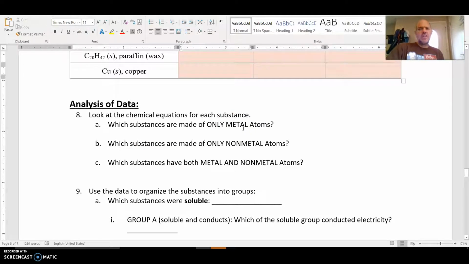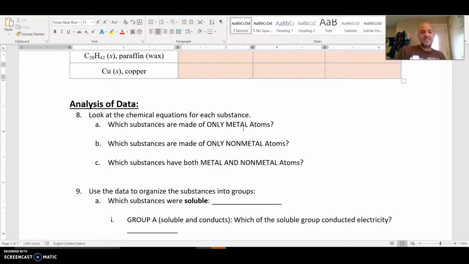Remember, metals are on the left side of the periodic table, so there are some things specifically that we talked about, like sodium, which are metals, even though you often don't think of them as metals. Remember again that salt is not just sodium. Salt is sodium and chloride together.